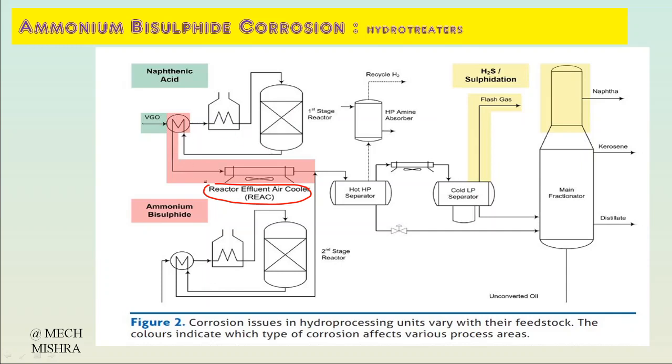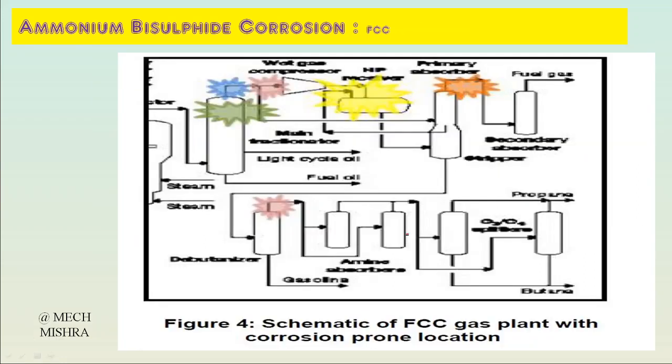Here you will see the reactor effluent air cooler in this piping and this air fin cooler, and in the downstream piping you will see the ammonium bisulfide corrosion. Here you will see naphthenic acid corrosion, and here we will see H2S or sulfidation. This is how you can predict and check in your system whether NH4HS is forming, and you can prepare your inspection plan.